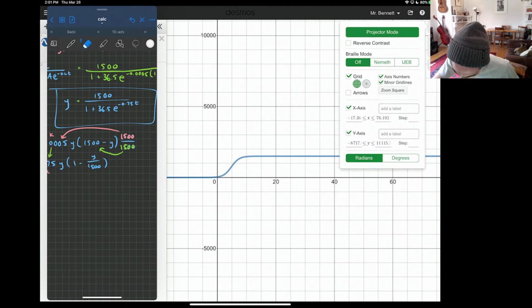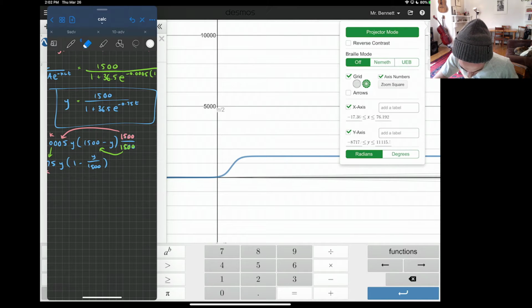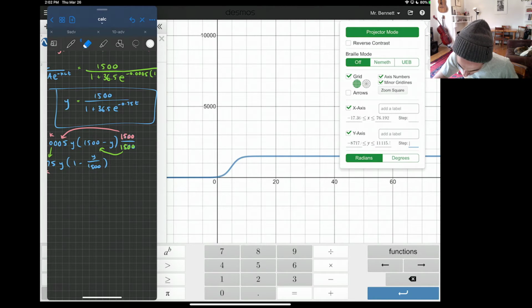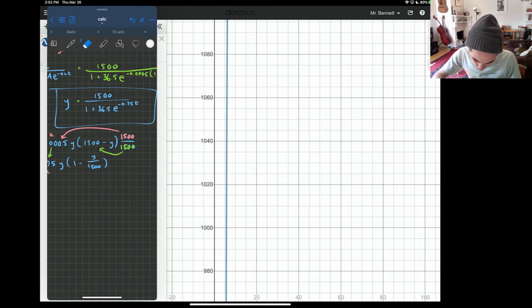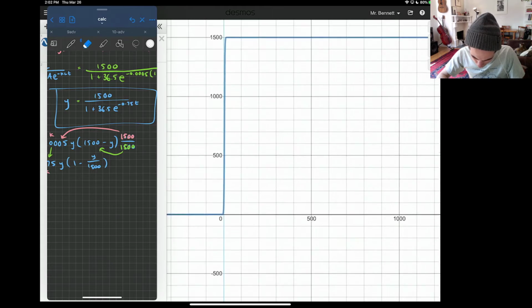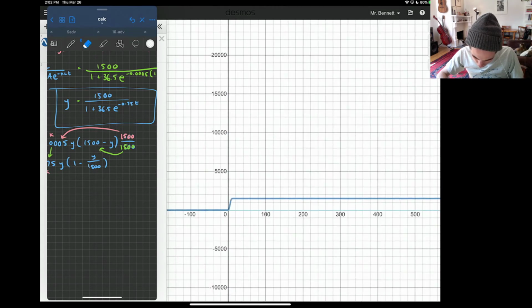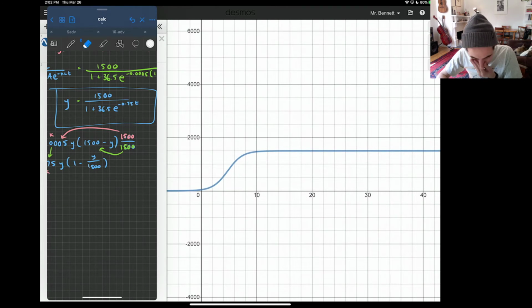I like projector mode. Oh, I think that just undid.